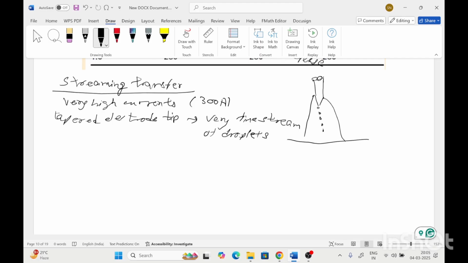This happens because the tapered electrode tip will have a high Lorentz force. Because of this high Lorentz force, the frequency of detachment will also increase.